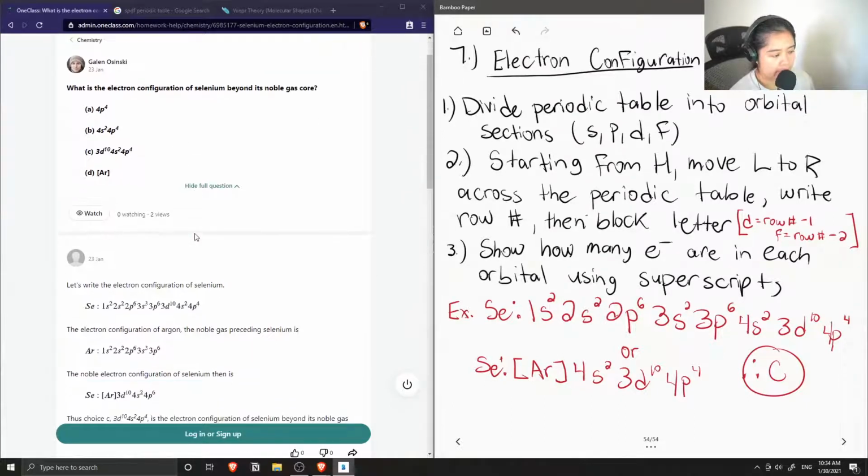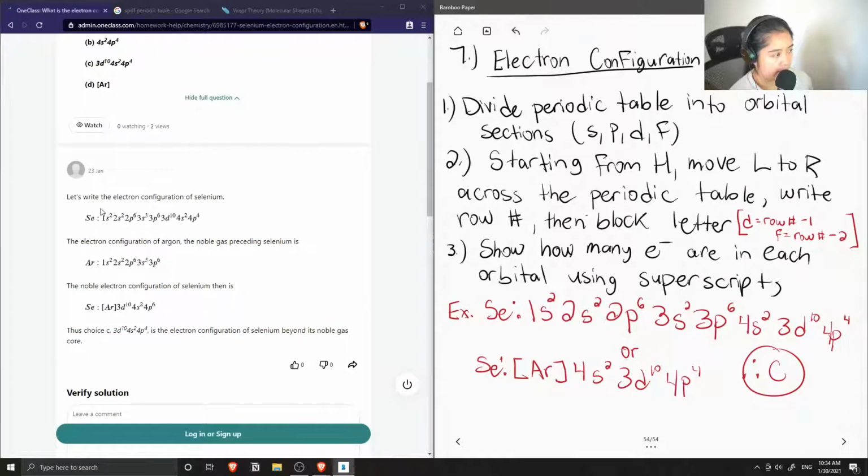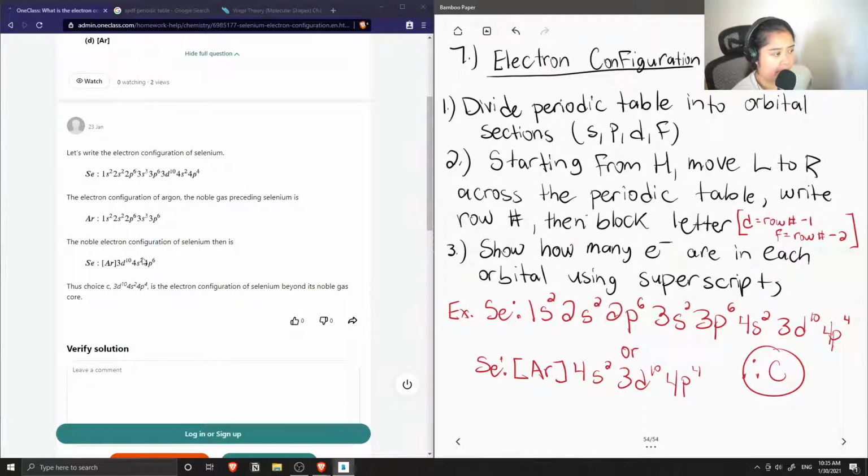Okay, so let's see what the junior tutor said. Let's write the electron configuration of selenium. They have 1s2, 2s2, 2p6, 3s3. I think they mean 3s2, 3p6, 3d10, yeah, 4s2, and then 4p4. Okay, so they said the noble gas preceding selenium is argon, and they summed up the electron configuration of argon. Again, this should be 3s2.